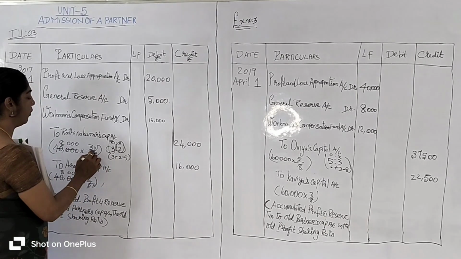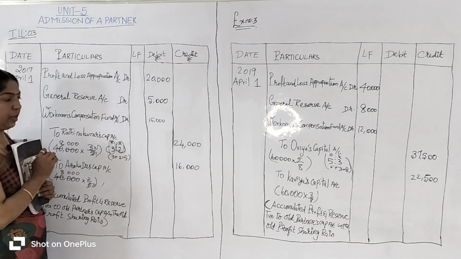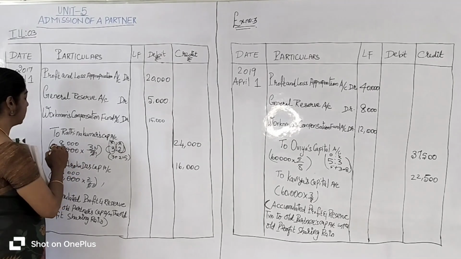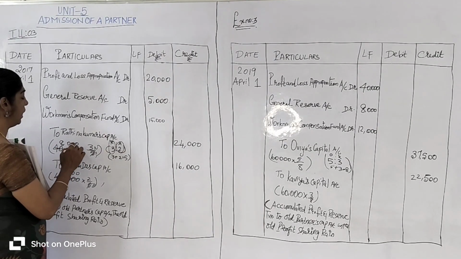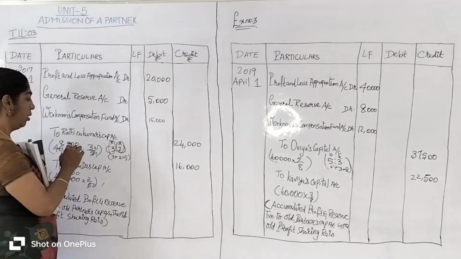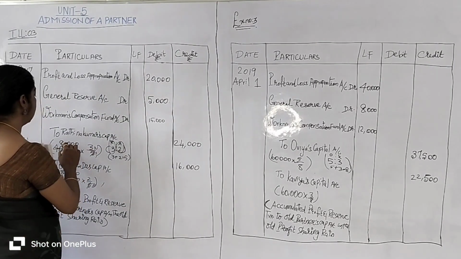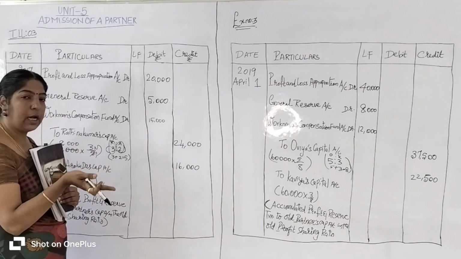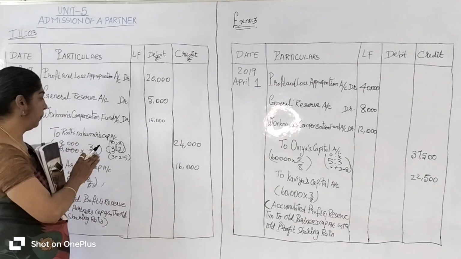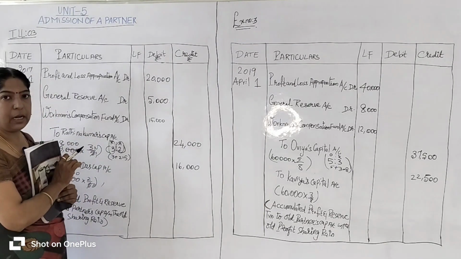We enter 5 in the denominator. Now we have to cancel it. 5 ones are 5, 5 eights are 40, 3 zeros are to be added here. So 8,000 rupees. Now we multiply 8,000 into 3, you get 24,000. So 24,000 we transfer to Ratna Kumar's capital account.